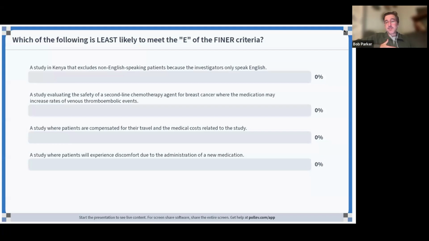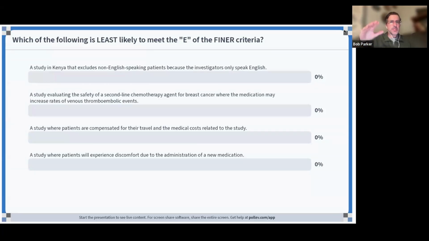But I think a study in Kenya that excludes non-English speaking patients because the investigators only speak English, I think that's unethical. You're excluding an entire group of people just because the investigators choose not to speak that language. So if I sit on an ethics review committee, I would take issue with that, and I would suggest that those investigators expand their team and find a way to include others in the study.